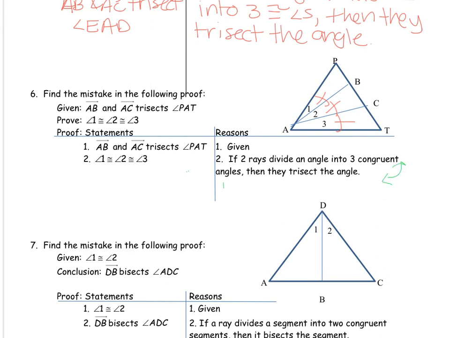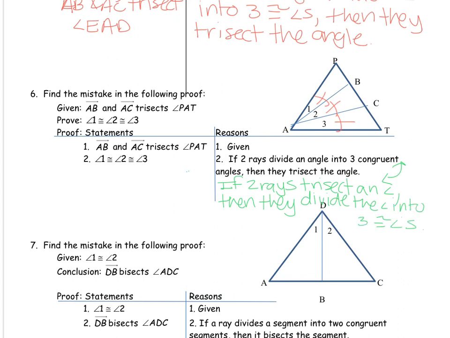In this one we should be starting with if 2 rays trisect an angle, then they divide the angle into 3 congruent angles. That way we end up with what we're trying to prove, 3 congruent angles in the then part of the statement.